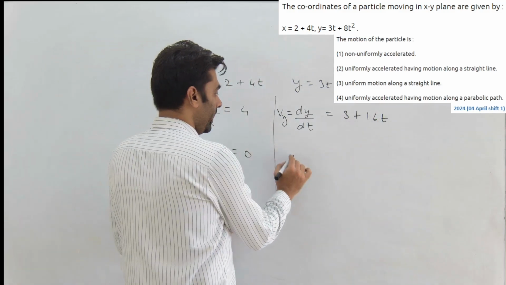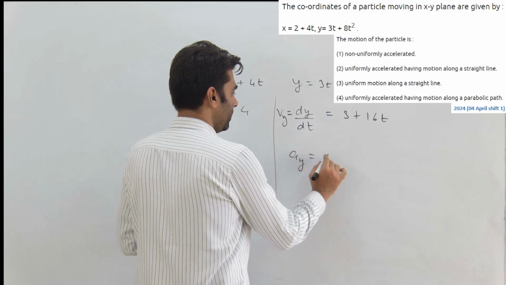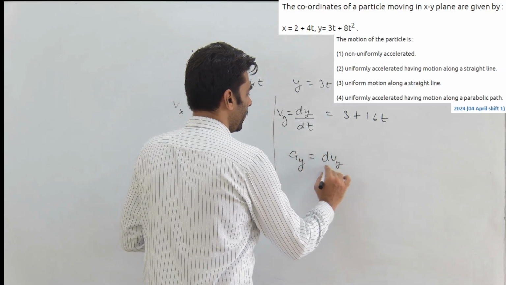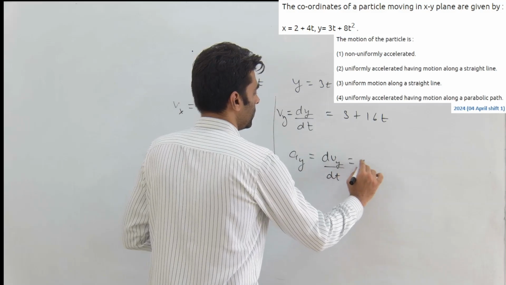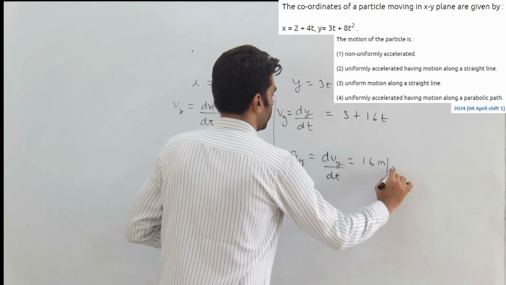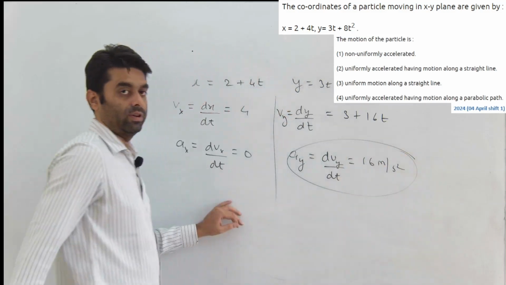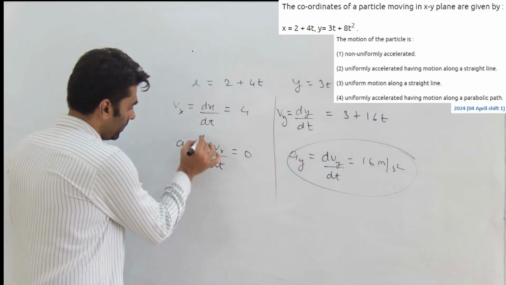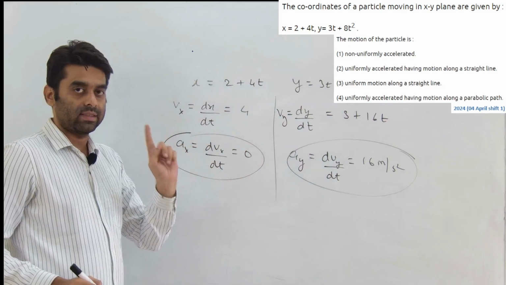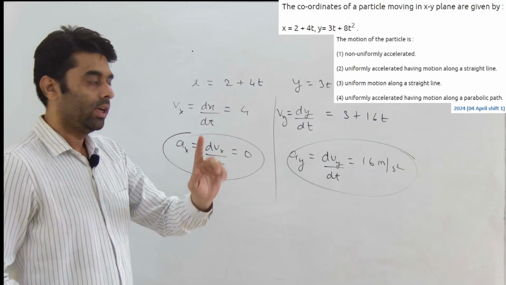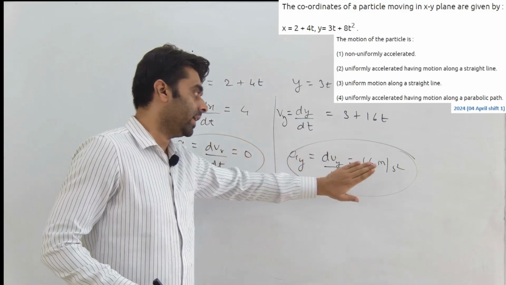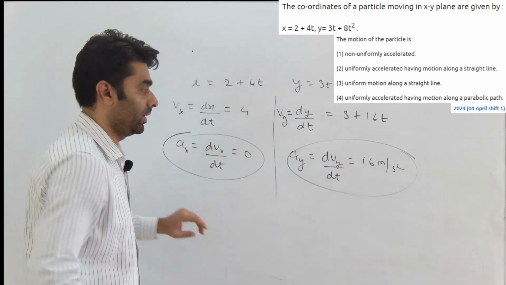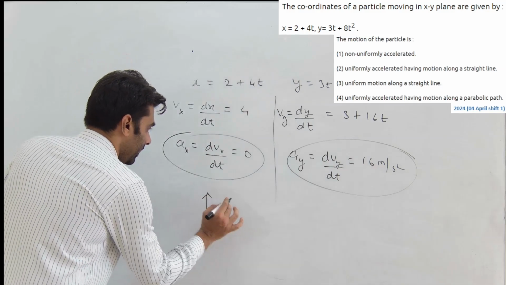If we calculate acceleration in the y direction, it will be dvy by dt, which comes out to be 16 meter per second square. Let's focus on the acceleration part first. You have only acceleration in the y direction. There is no acceleration in the x direction, and this acceleration is constant.